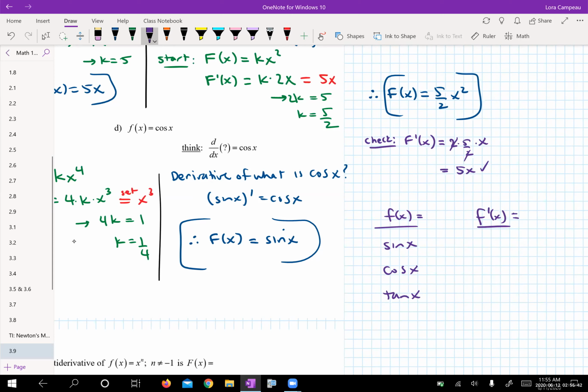The derivative of sine x is cosine x, the derivative of cosine x is negative sine x, the derivative of tangent is secant squared x. Now you could go backwards and say, what we're really looking at is the antiderivative. If we go backwards, we're just asking, what was it before we took the derivative? And by the way, we can keep continuing on. Don't we also have cosecant x, secant x, and cotangent x?